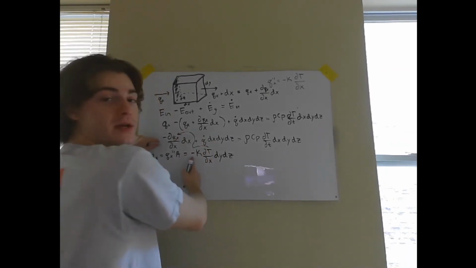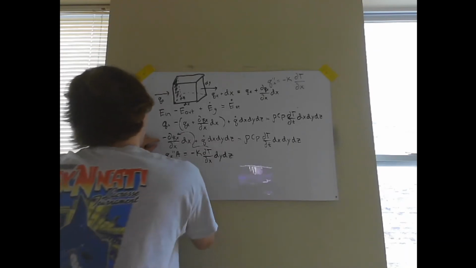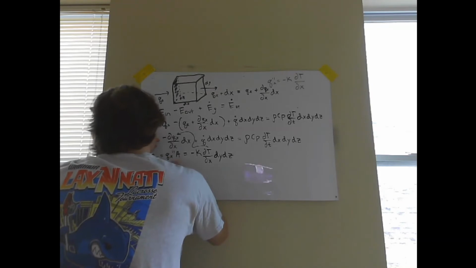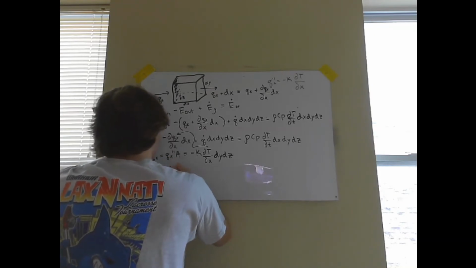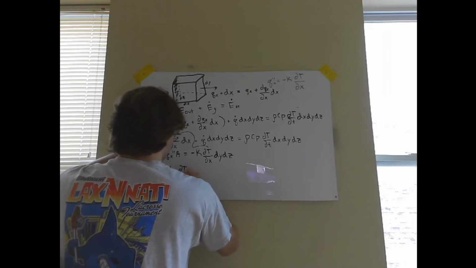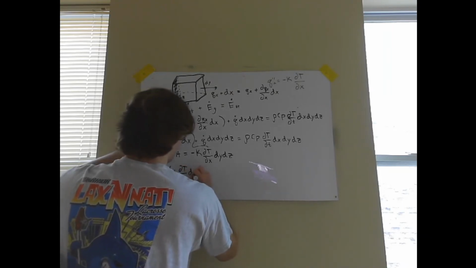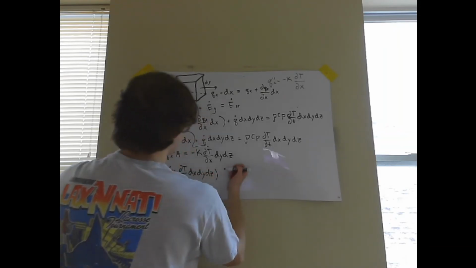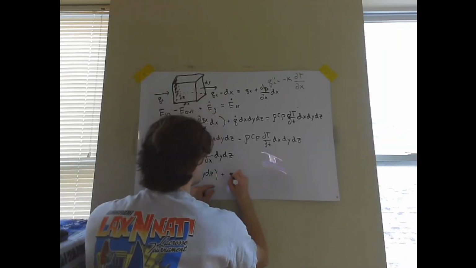And so these two negative signs are going to cancel out. And so we'll have the partial derivative with respect to x times k times the partial derivative of temperature with respect to x times dx dy dz. And then again, we'll just have our energy generation rate.